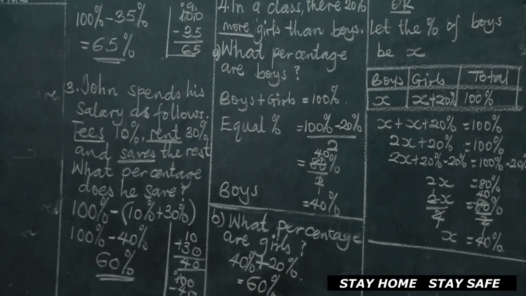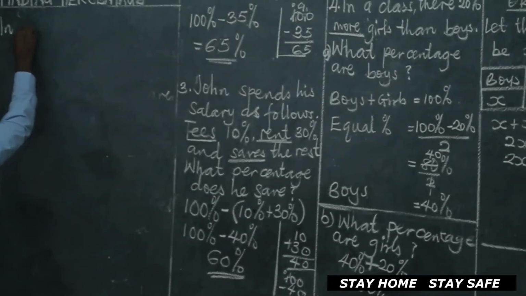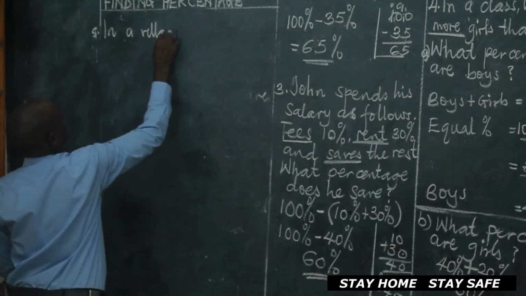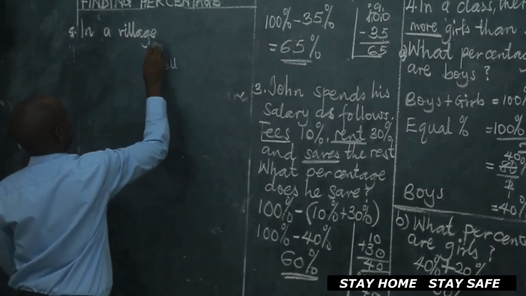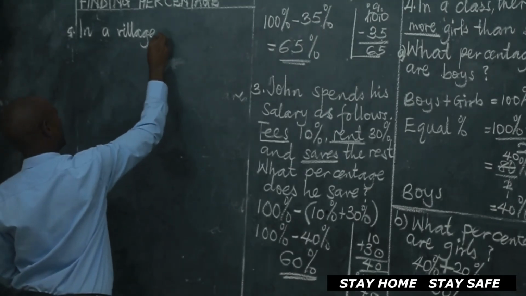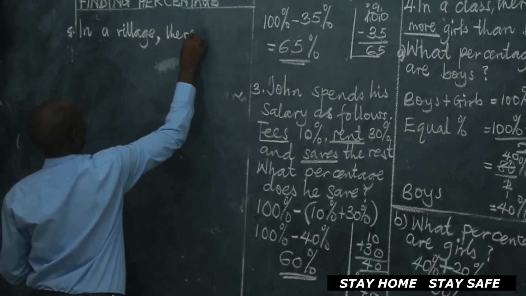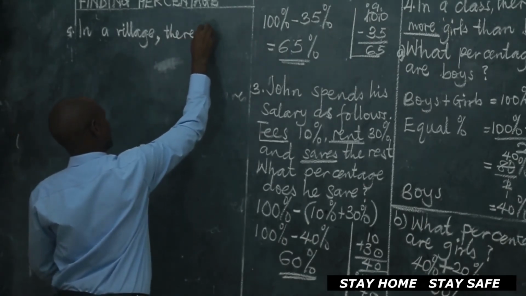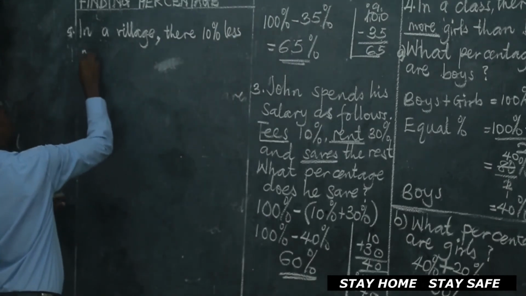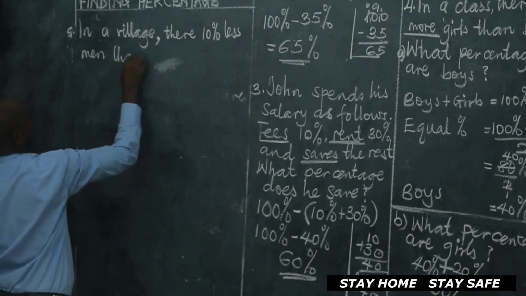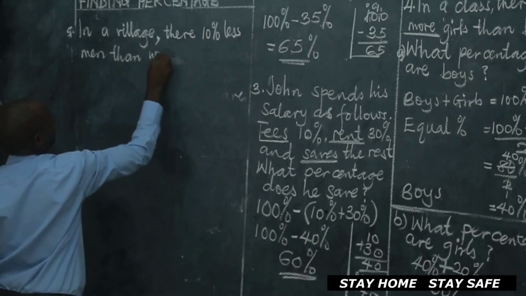And here we are saying, this is number 5, in a village, there are 10% less men than women.